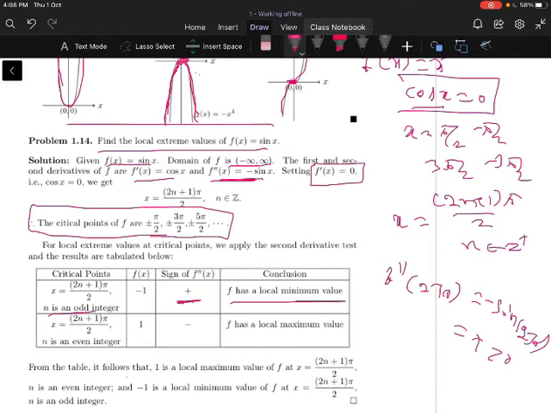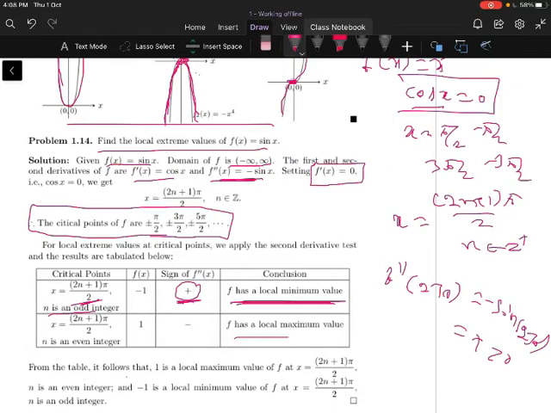That is minus 1, so minus of minus 1 is plus 1, which is positive. Yes, f double dash of x is positive, therefore f has a local minimum value. How do we say the function f has a local minimum value? Because f double dash is positive and f dash at these critical points is 0, therefore the function has a local minimum value.